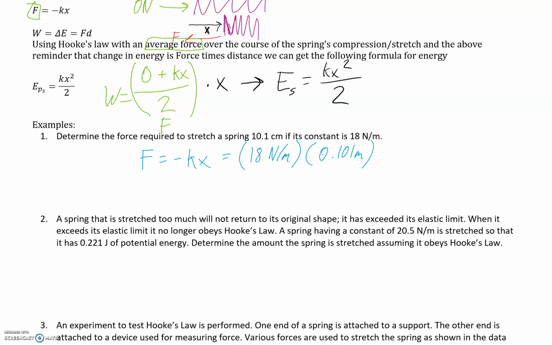The negative is just to remind us, like I talked about at the beginning, that the force and the displacement are in opposite directions. That's why the negative is there. All right, so if we multiply those values, then we get 1.818 newtons, which we simplify to 1.8 newtons of force.